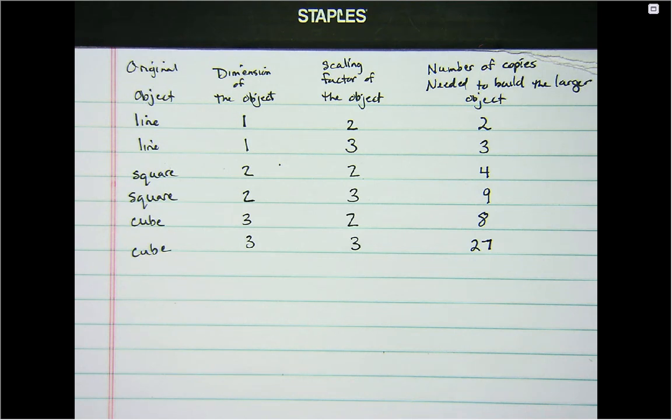There's actually a relationship between these numbers. See who can find the relationship, and when you find it, we'll verify it by making a square 4 times as big and seeing if what we suggested worked or not. So stare at these numbers for a while and see if you can figure out what the relationship is.